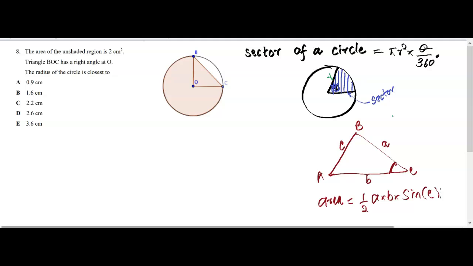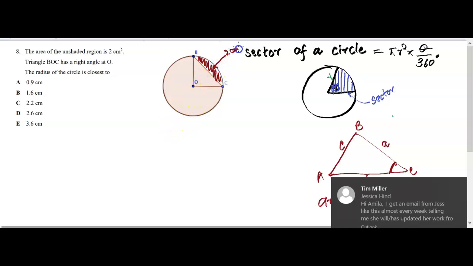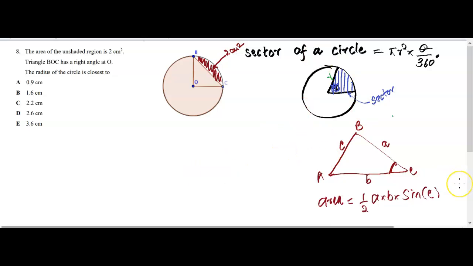So how do you solve this problem now? The area of the unshaded region, that is this, is 2 centimeters squared. Okay, so this is 2 centimeters squared. And then triangle BOC has a right angle at O, so they have given theta.